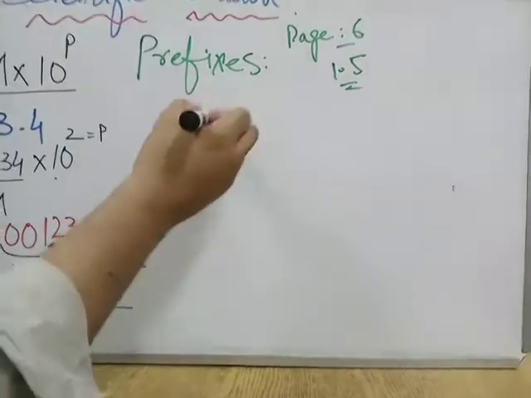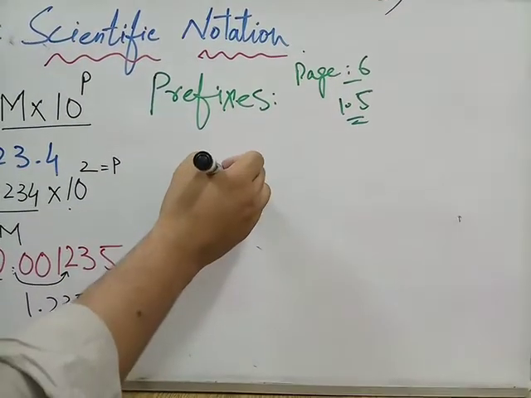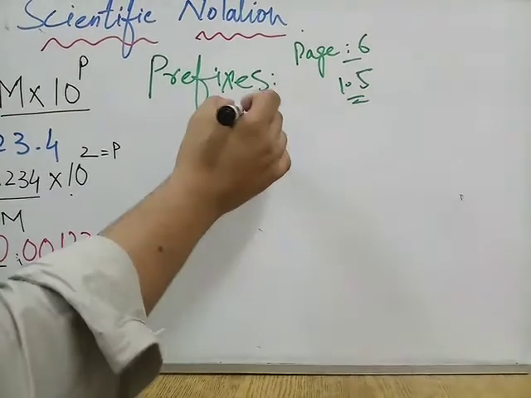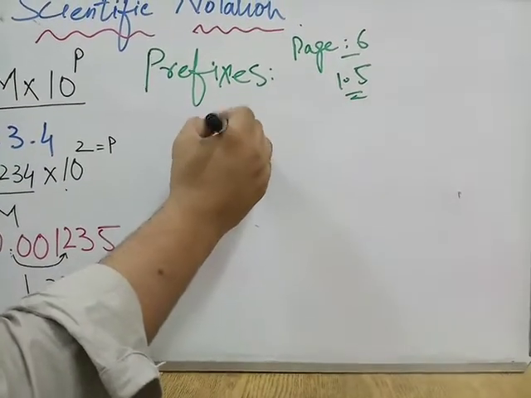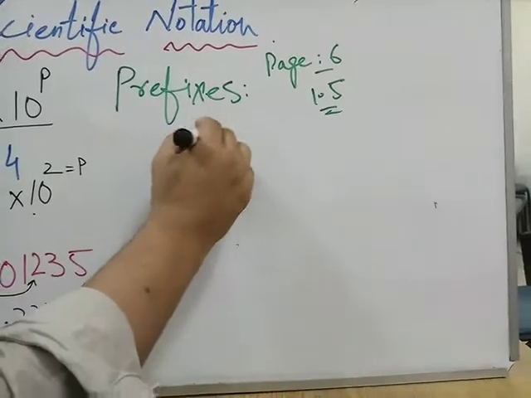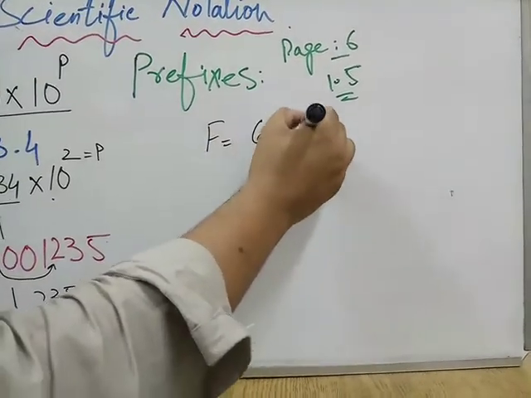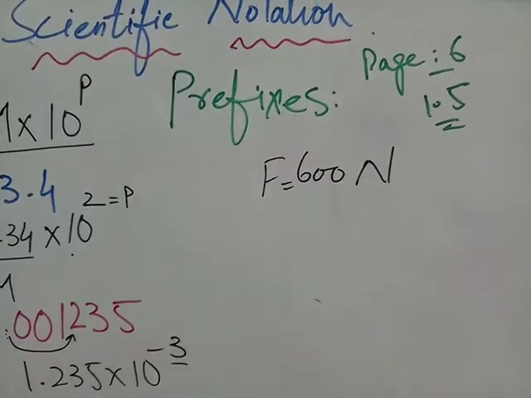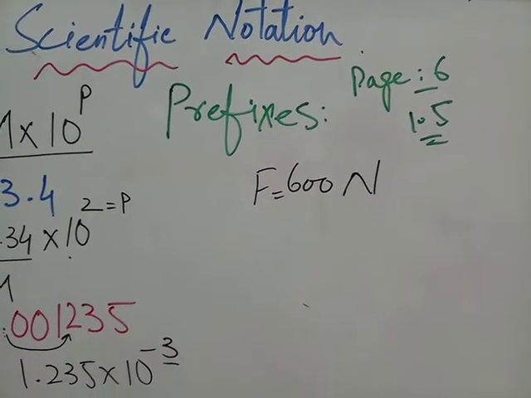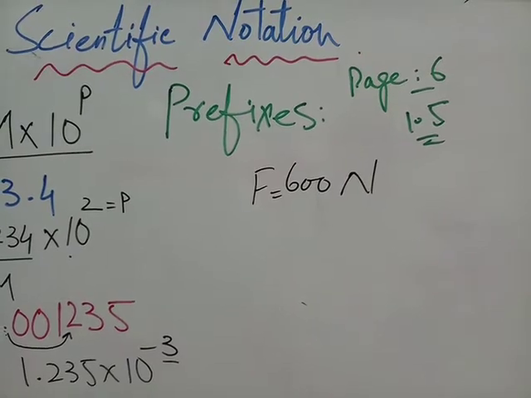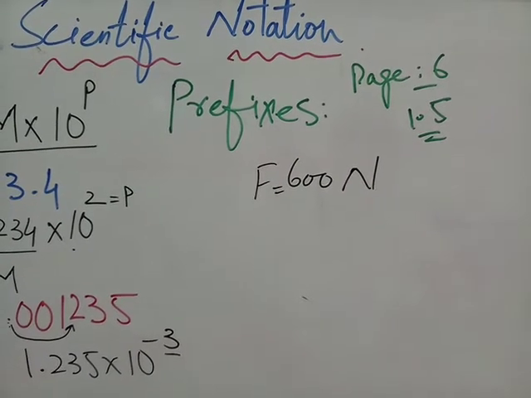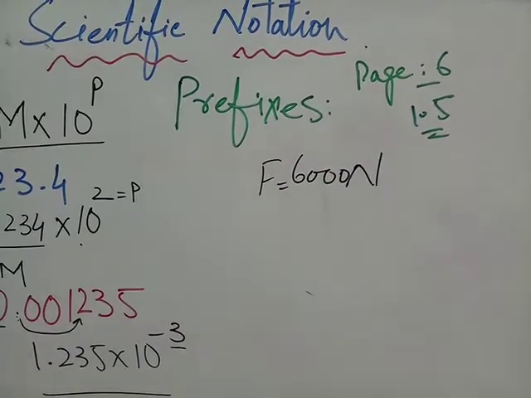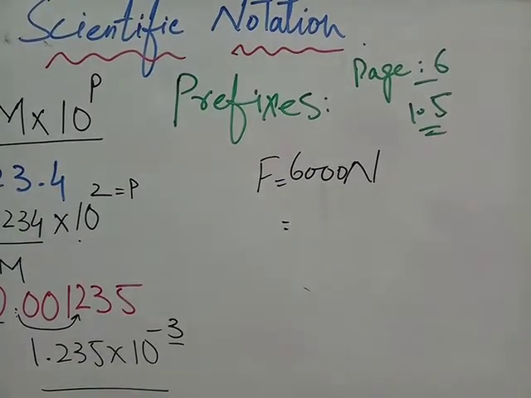Prefixes are units or letters which are used before SI units. Like when we say that force is equal to 6000 Newton, we can write it in the standard form.